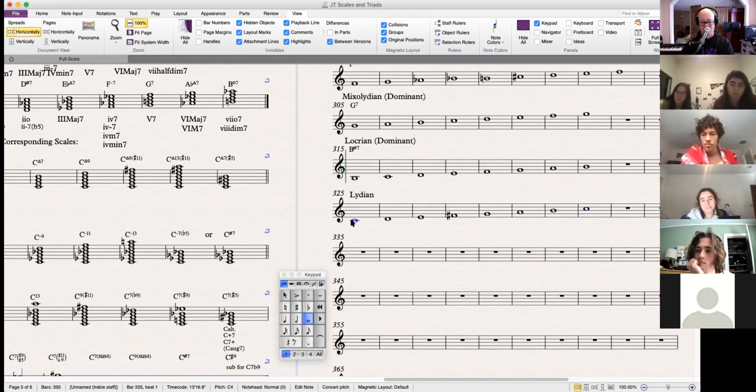So if I stack this one up in thirds, the chord I get is C major 7 sharp 11.